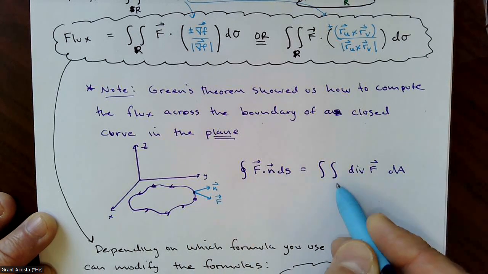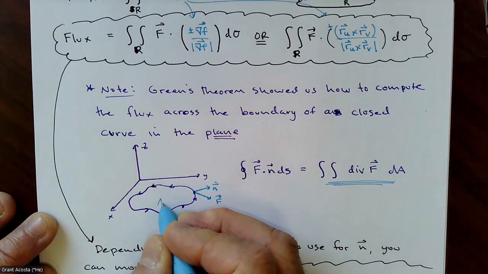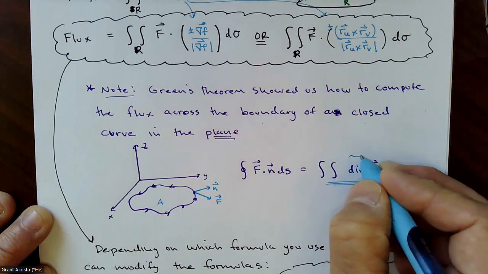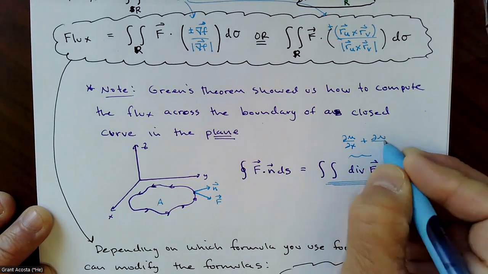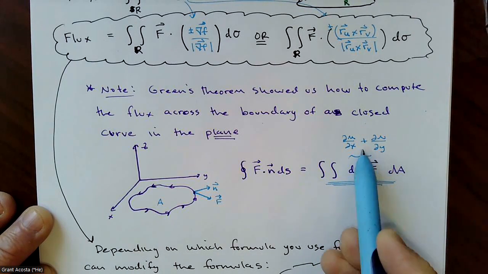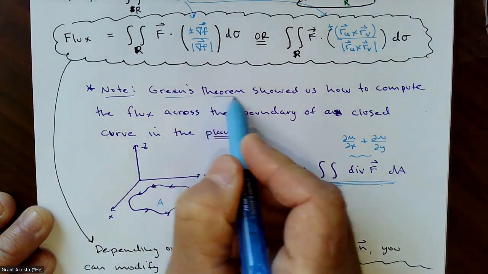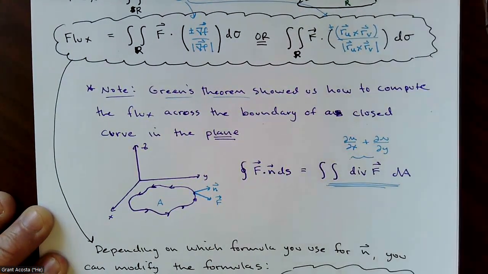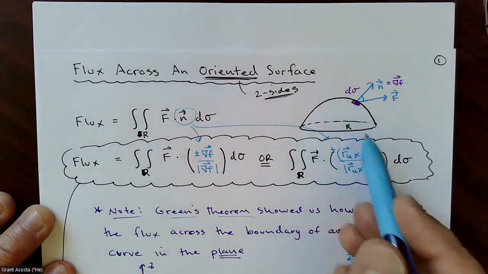And what we saw from Green's theorem is we could also do that as a double integral over the region of the divergence of F. Recall that was the partial of M with respect to x plus the partial of N with respect to y, and we didn't talk about z here because we were usually limited to the xy plane. So Green's theorem is the same. We're doing the same thing, but we're in the plane. But now we can talk about finding the flux across a surface that is not necessarily confined to the xy plane.